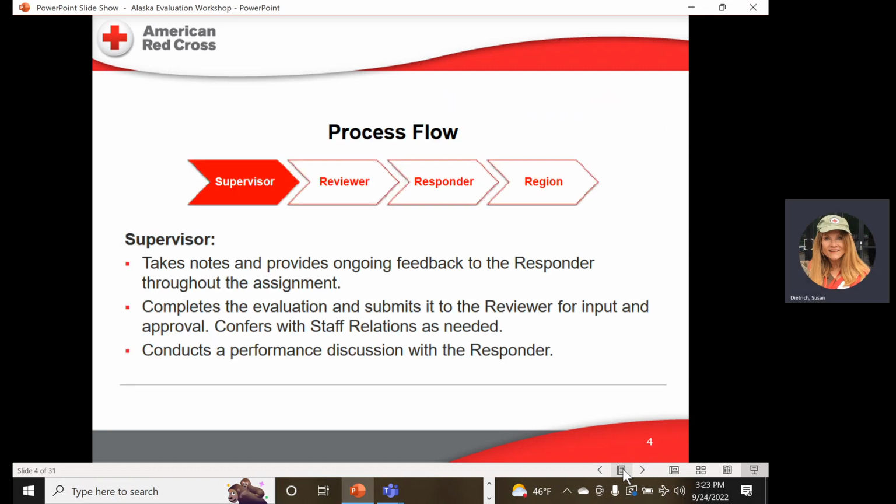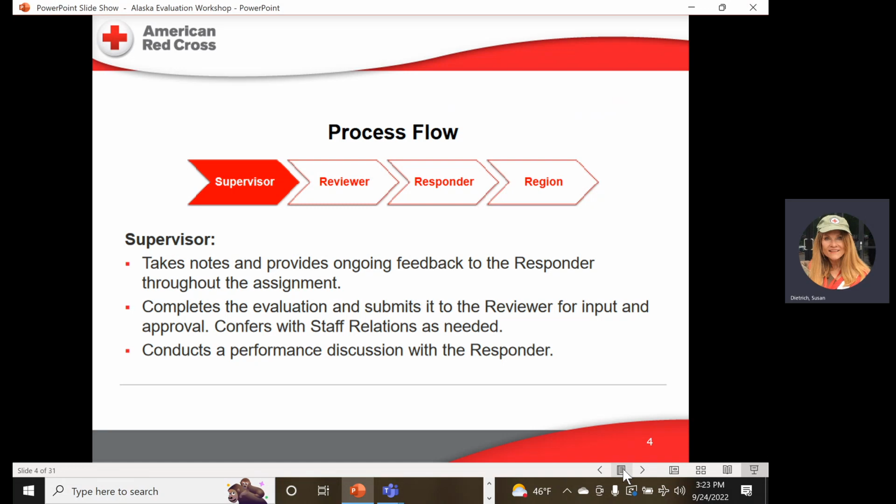There's a process flow in completing an evaluation, which begins at the top. So you're taking notes, and in the induction, you're really mapping out what areas you are looking for the performance and the areas that you'll be writing about in the evaluation.